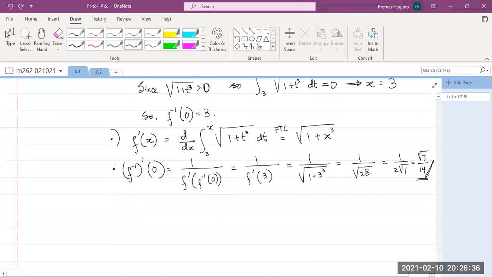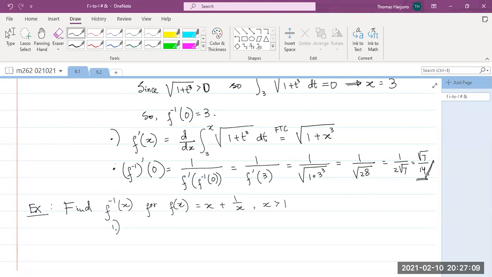Oh, okay, so for example, find the inverse function for the function f(x) equals x plus 1 over x, where x is greater than or equal to 1.